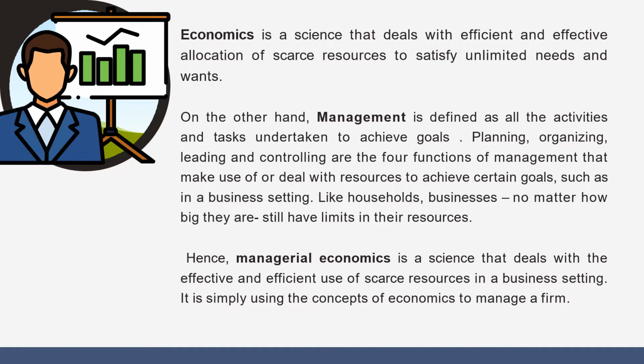Maybe in the planning stage, they have already spent all of these resources. Or maybe they have properly allocated their resources in the planning, organizing, and leading stages, but then they were not able to control well the spending or the use of these resources. Like households, businesses, no matter how big they are, still have limits in their resources.